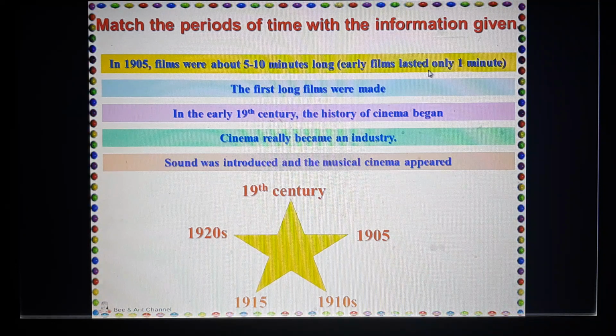Early films lasted only 1 minute. The first long films were made. In the early 19th century, the history of film began. Cinema really became an industry. Sound was introduced and the musical cinema appeared. Now try to match. We work together.